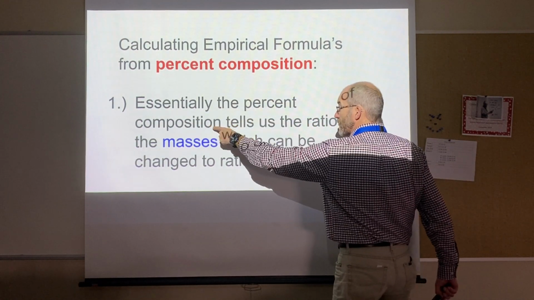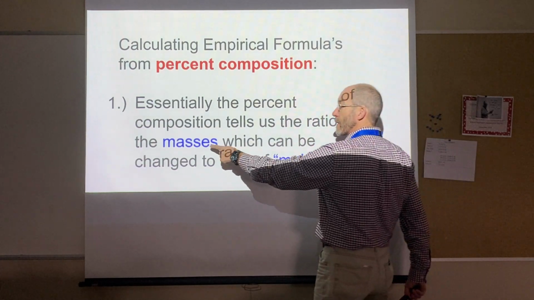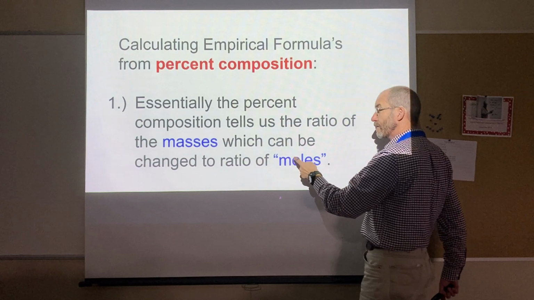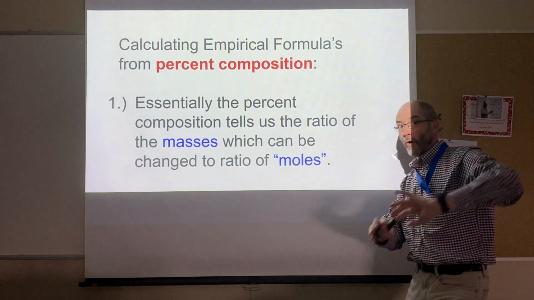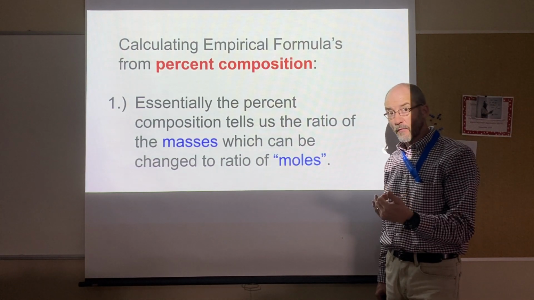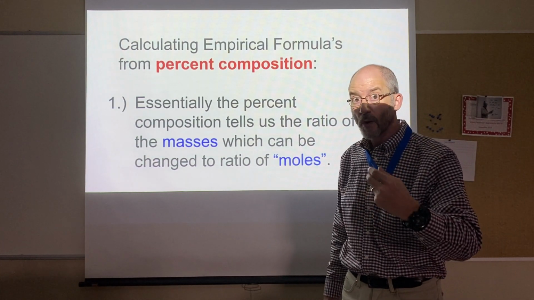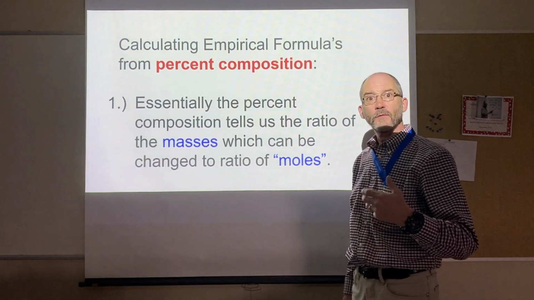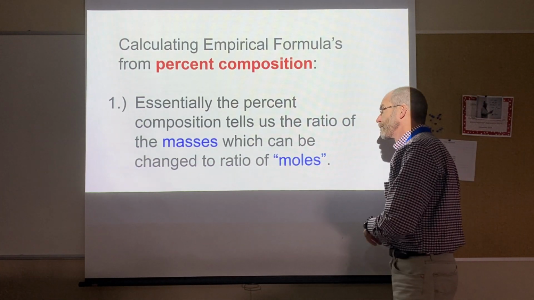Essentially, the percent composition tells us the ratio of the masses, which can be changed to the ratio of moles. Remember, all the way back to one of our very first slides, we were either going to look at the ratio of atoms, or we were going to look at the ratio of moles. Okay?